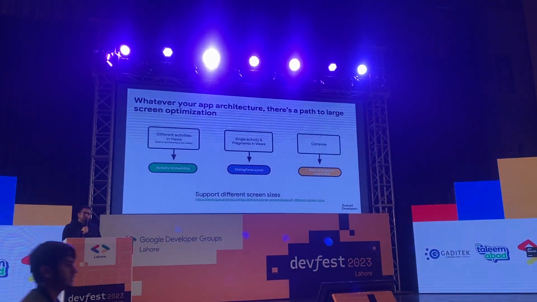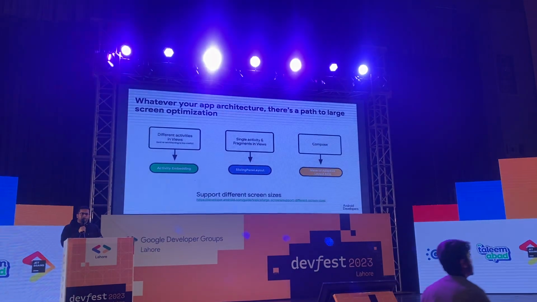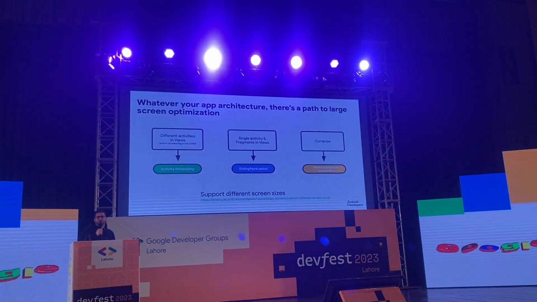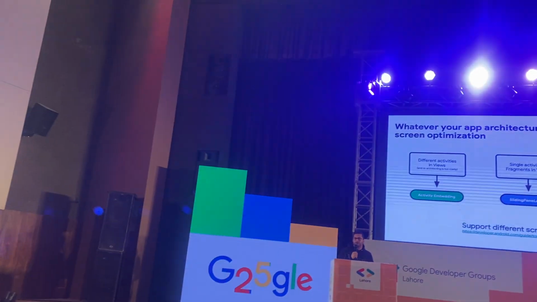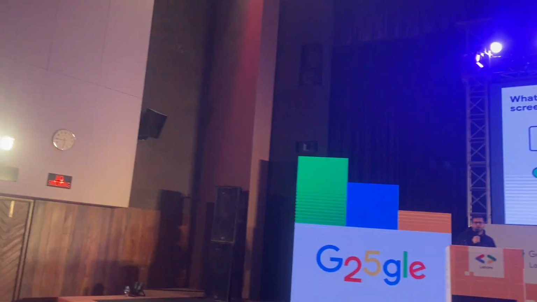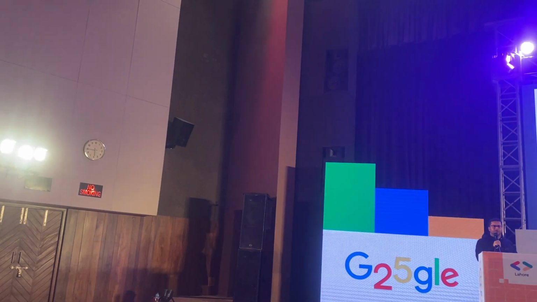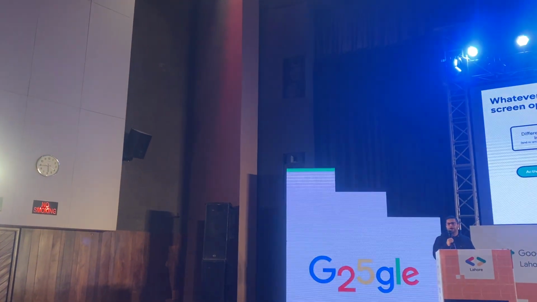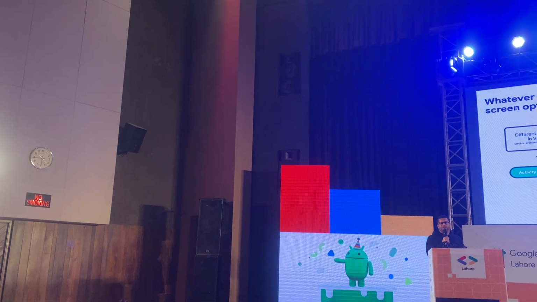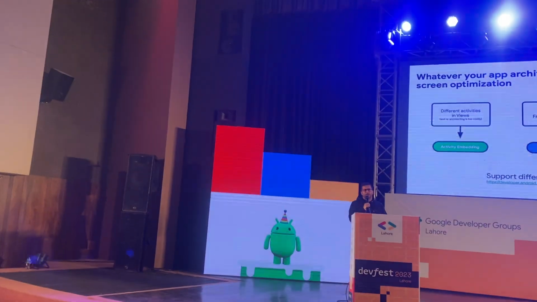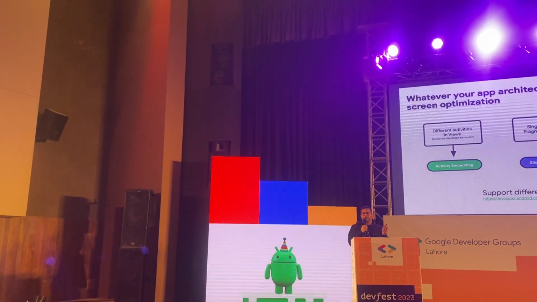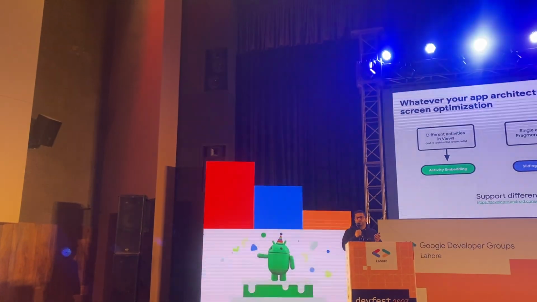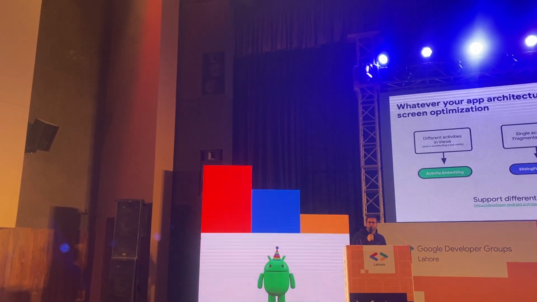And if your app is built in native Android, regardless of whatever your app architecture is, there's a path to large screen optimization and to build adaptive layouts. So if, let's say, your app is multiple activities and re-architecting your app is not a priority at the moment for any reason, we recently announced activity embedding in Stable that allows you to show multiple activities side by side to create that 2-pane layout experience.